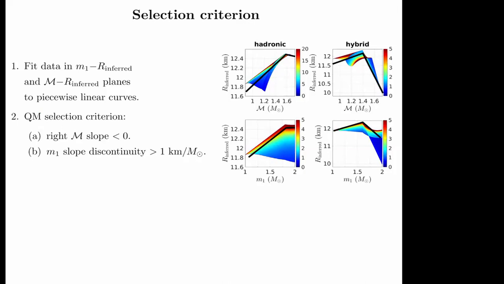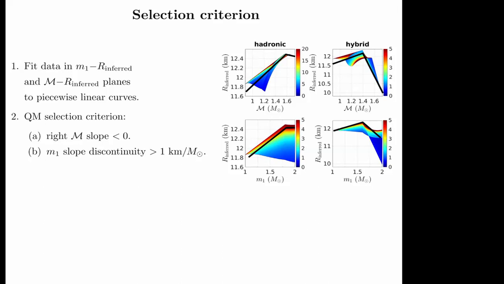We're going to select events as having quark-matter cores if the following two conditions are met. The first condition, A, is that the rightward slope is negative, that it's decreasing, meaning that the radius of the neutron star is becoming smaller as the mass is increasing.